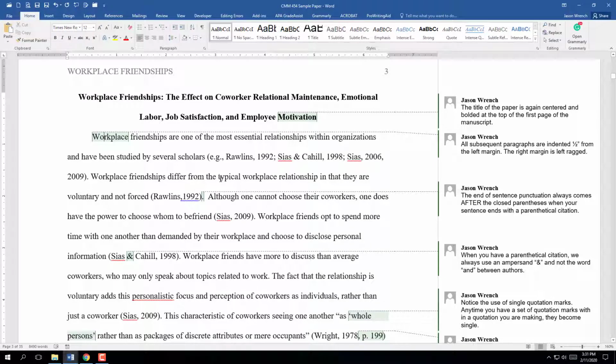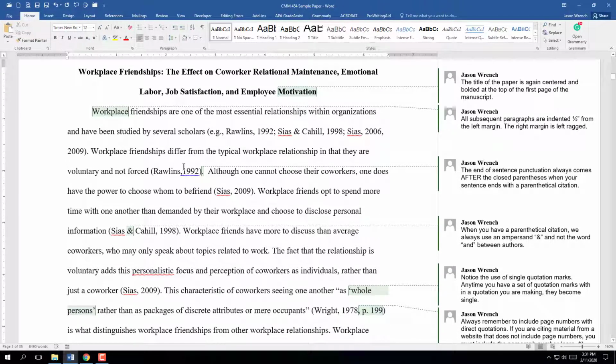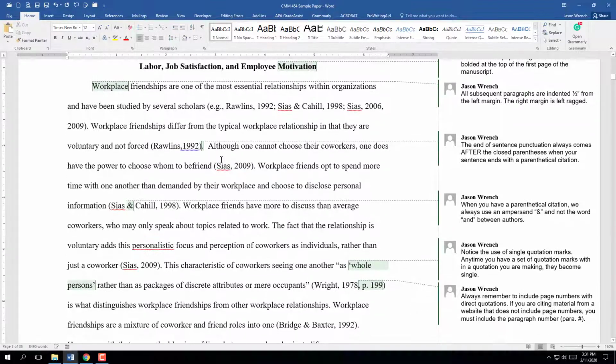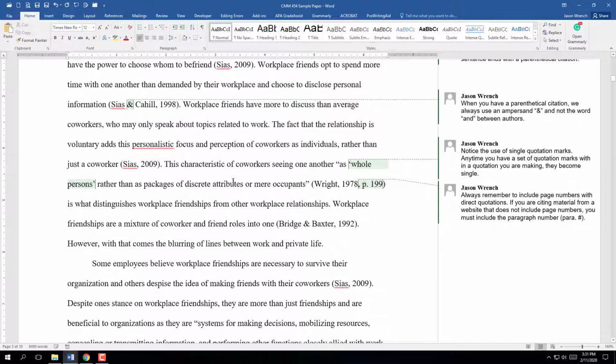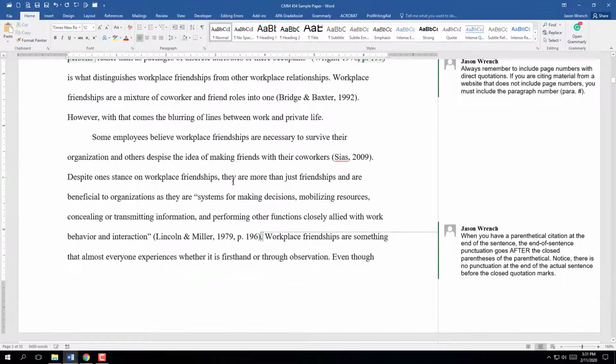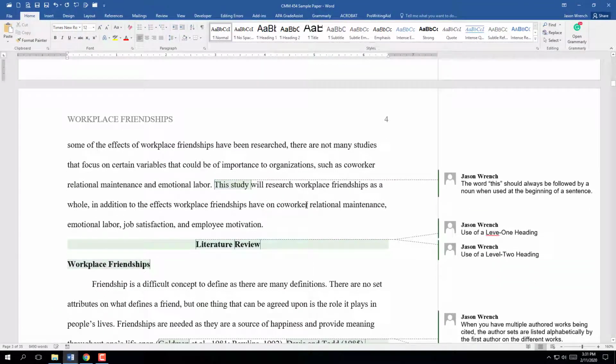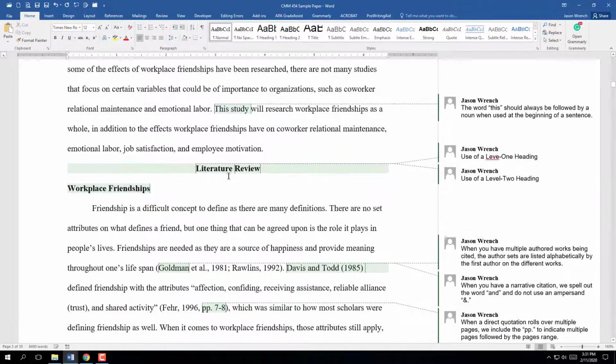Other things to look for in this: if you read this, it's a generic introduction. It talks about workplace friendships, which is what this specific study is about. It talks a little bit about survival and why friendships are important. And then, of course, it comes right down here and says, this study will research workplace friendships as a whole, in addition to the effects workplace friendships have on coworker relational maintenance, emotional labor, job satisfaction, and employee motivation.